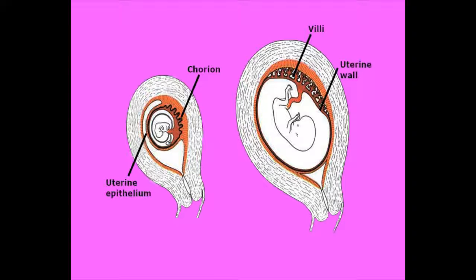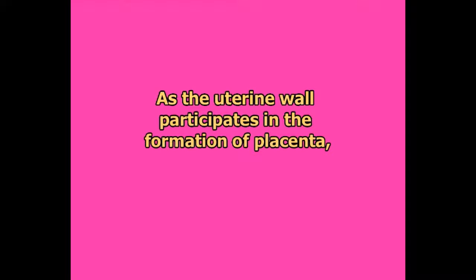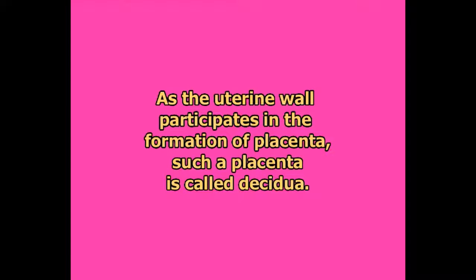A large amount of bleeding also occurs. As the uterine wall participates in the formation of placenta, such a placenta is called decidua. The decidua has 3 types as follows.